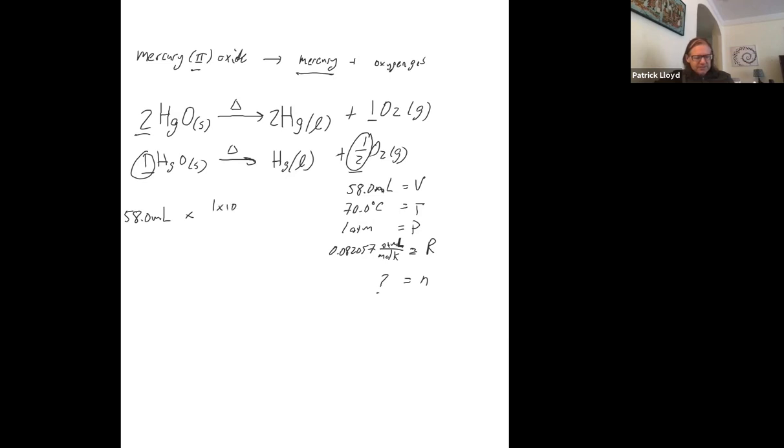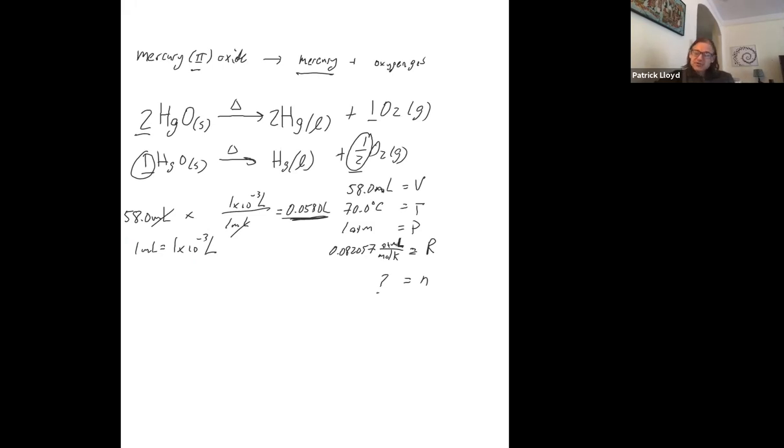Let me do it from the start. 1 milliliter is 1 times 10 to the minus 3 liters, right? We want to get rid of the milliliters, so 1 times 10 to the minus 3 liters over 1 milliliter. Milliliters cancel, and you get 0.0580 liters. So there's our new volume.